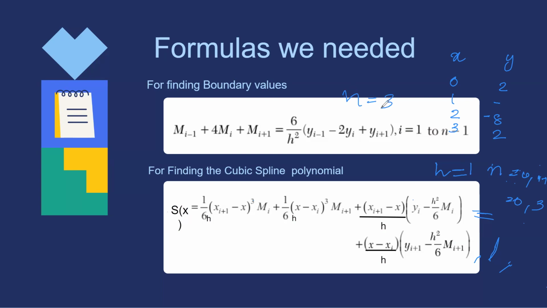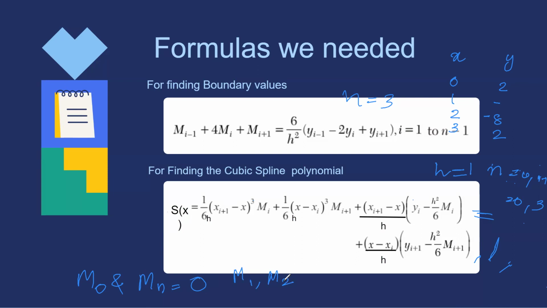Now I am going to find the boundary values. For every cubic spline interpolation problem, the boundary values m0 and mn will be 0. So we have to find m1 and m2.